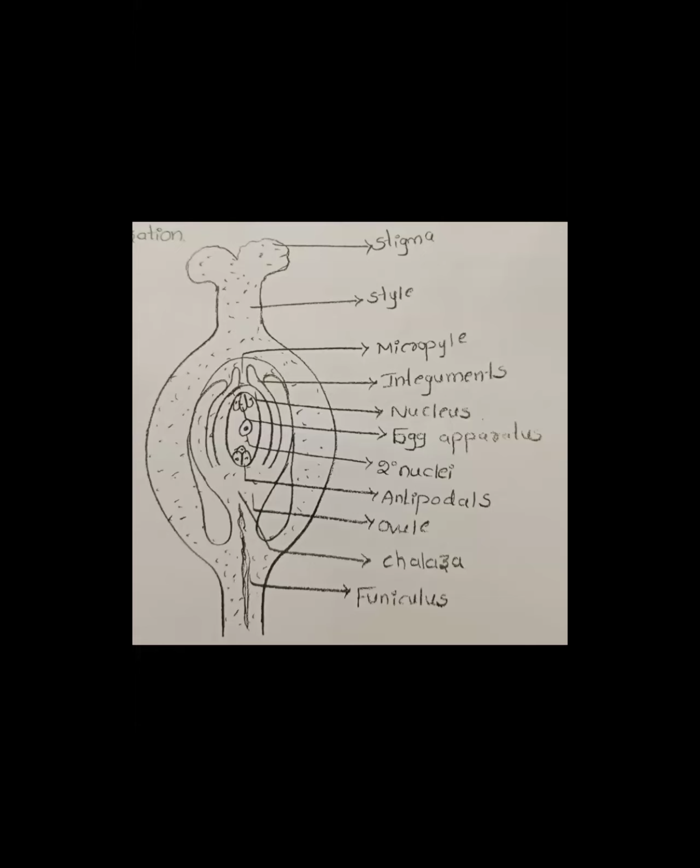These ovules are considered as integumented megasporangia. In the ovary, they are attached to the placenta by a slender stalk known as the funicle or funiculus. The place where the funicle attaches to the ovule is known as the hilum.